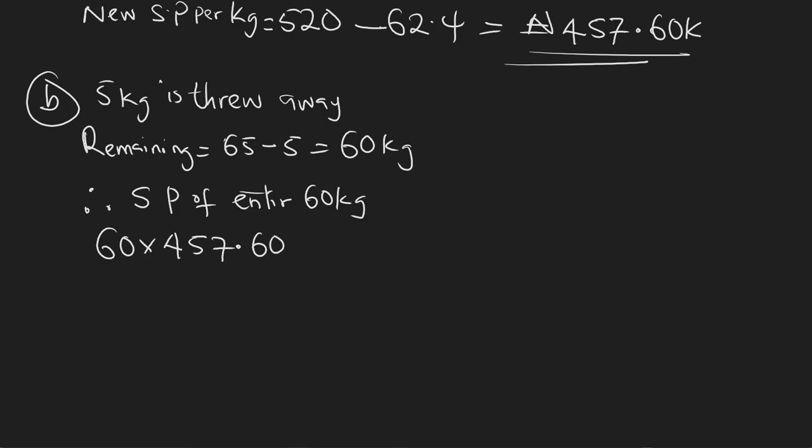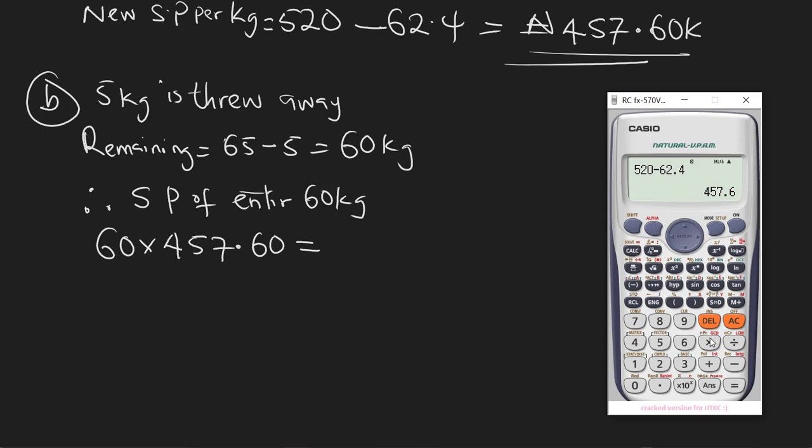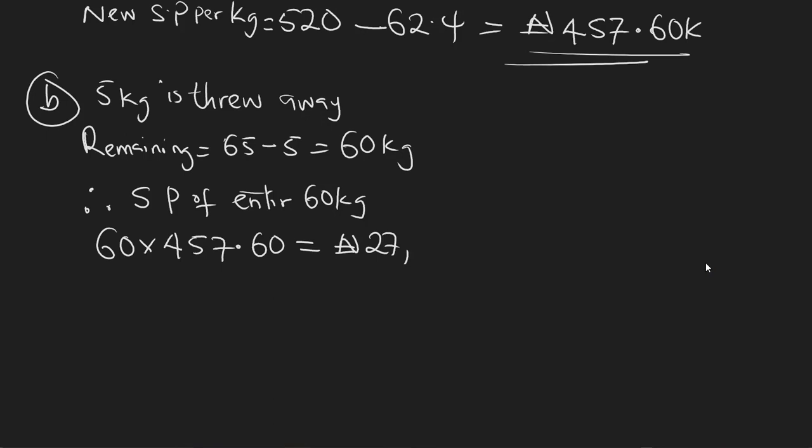So if you multiply that, times 60 is equal to 27,456 naira. So we've gotten the selling price of the entire 60 kg, right?